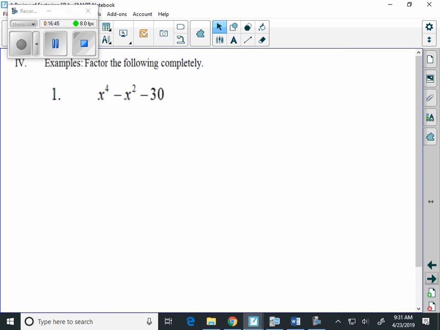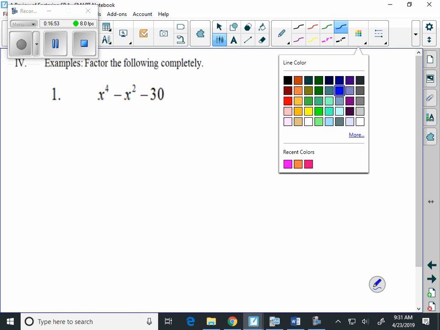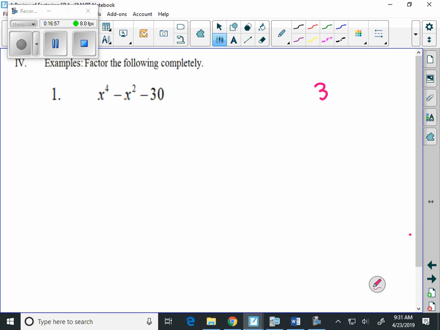For instance, if we take x to the 4th minus x squared minus 30, the number in front of our x to the 4th is a 1. So 1 times 30 is 30. And it's 1 times 30, 2 times 15, 3 times 10, 5 times 6.